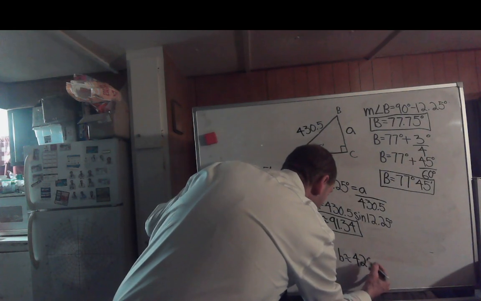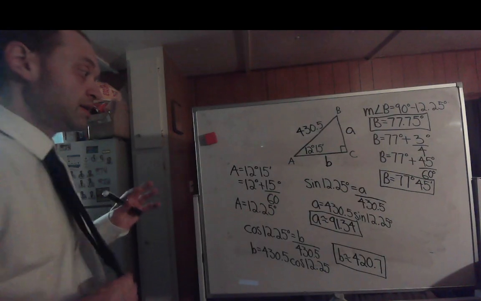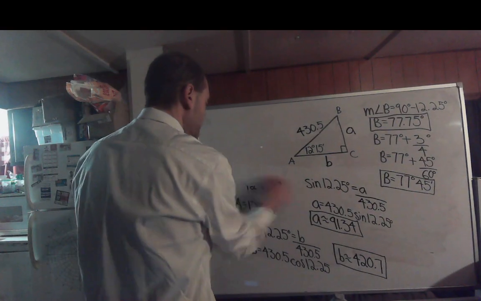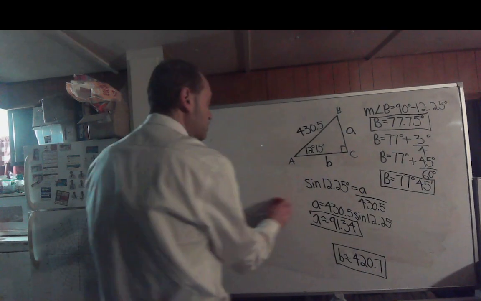So side B would be approximately equal to 420.7 units. And I got one more of this type, and then we'll move on to the 4 isosceles triangles.